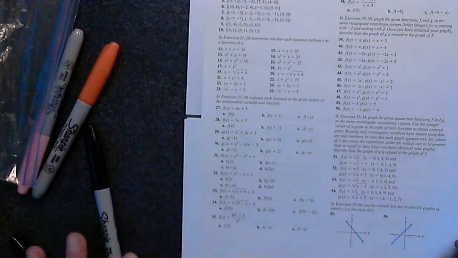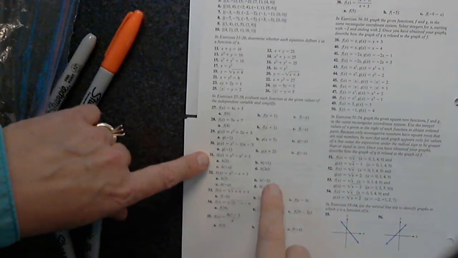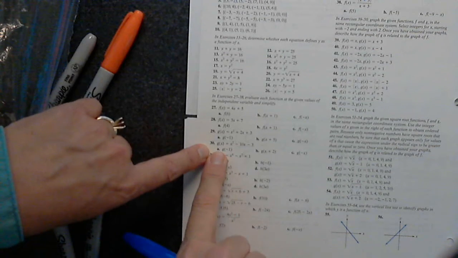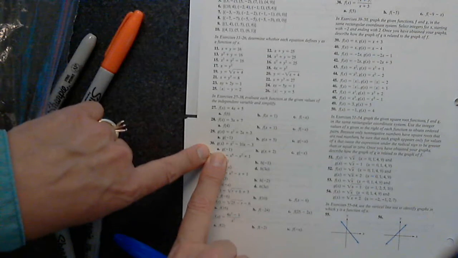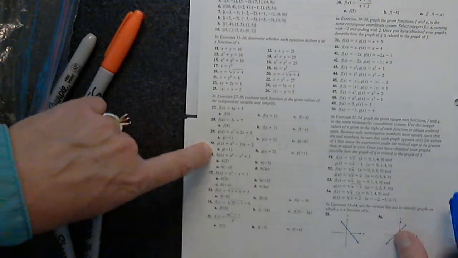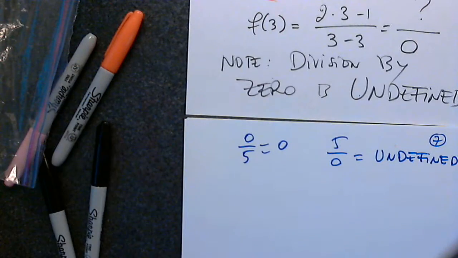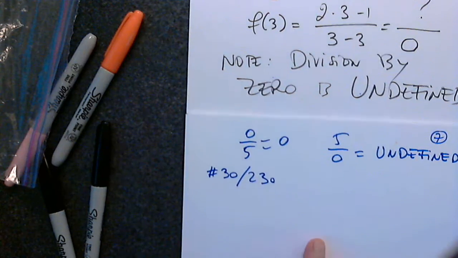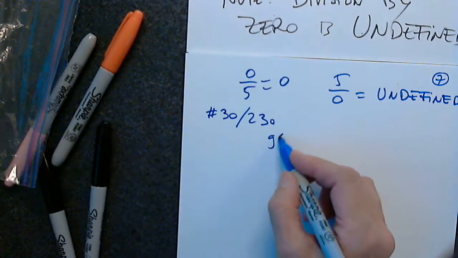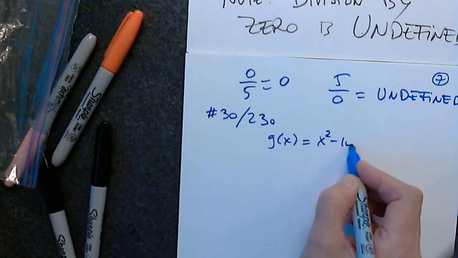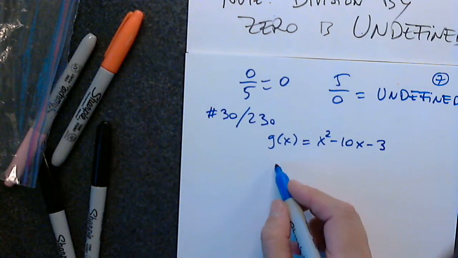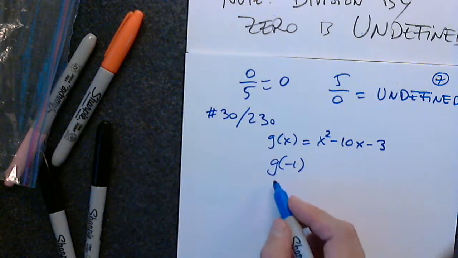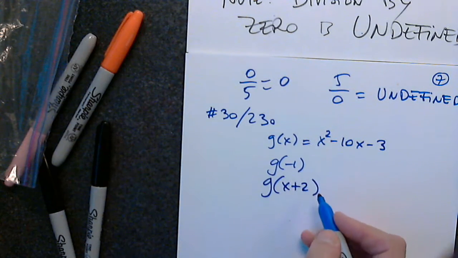I would like us to pick a problem to illustrate what I just mentioned a second ago. Let's say I'd like to pick 30, and then we'll move on. So 30 on page 230, and that is g of x equals x squared minus 10x minus 3. We're asked to find g of negative 1. We're asked to find g of x plus 2.